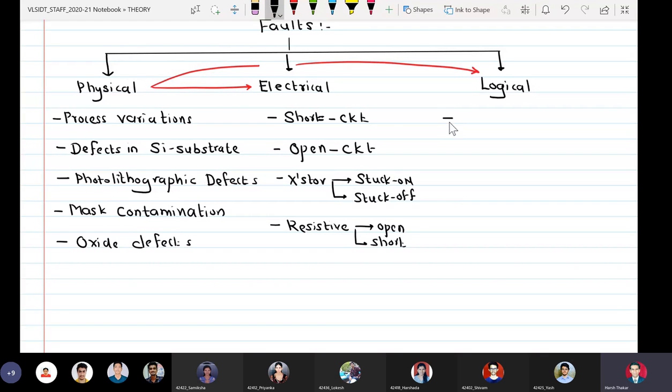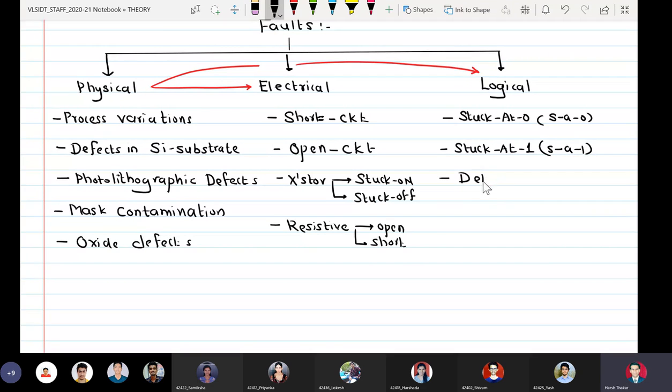So logical faults, we have stuck at 0. It is technically written as SA0 fault. Then we have stuck at 1, written as SA1 faults.